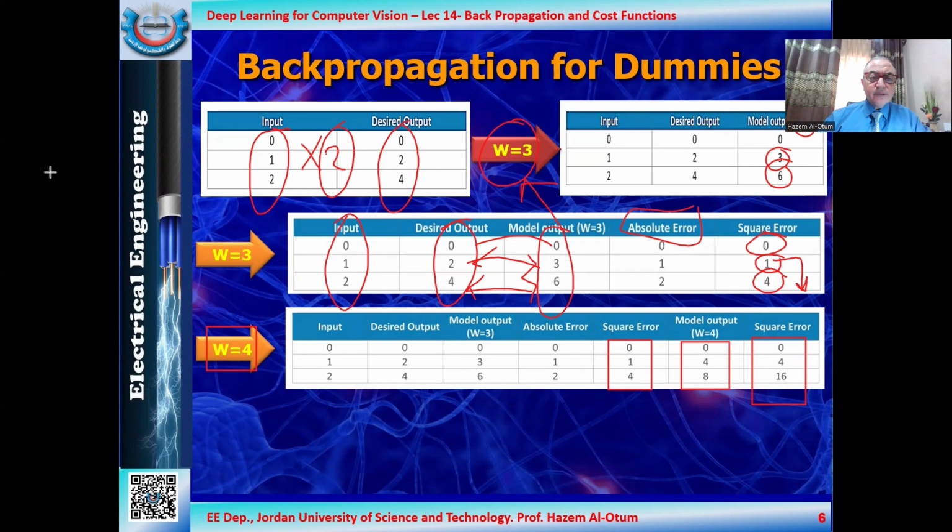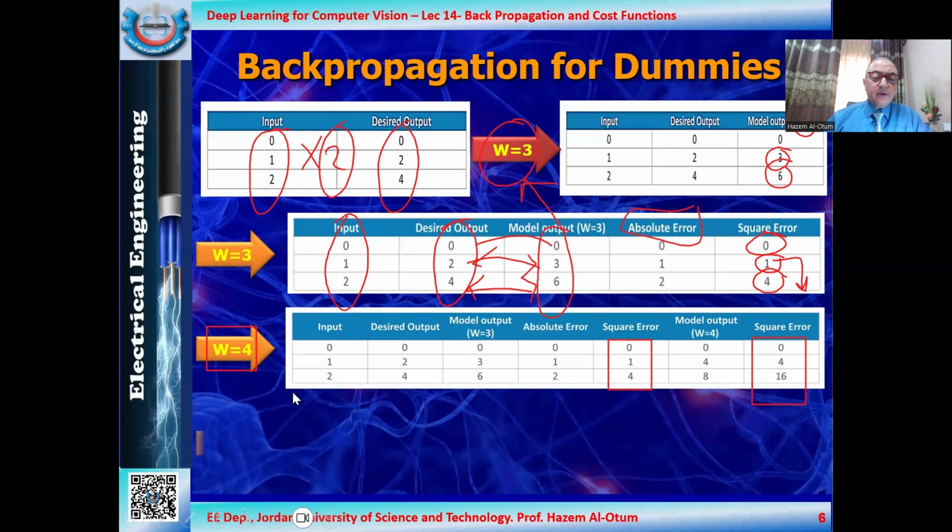So when we compare the square errors in these cases, with W equal to 3 and a value of 4, we see that the error has increased. So this means that we need to reduce this value in order to get lower error.